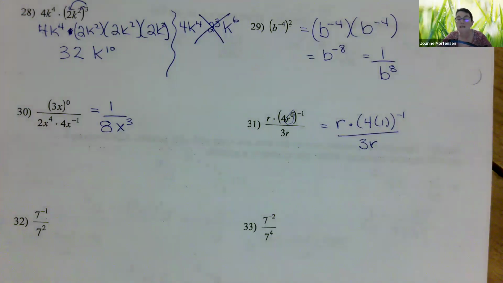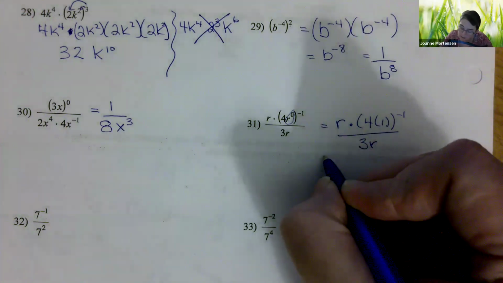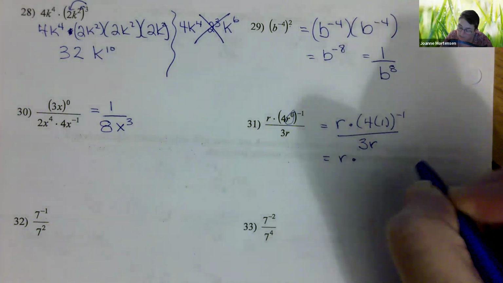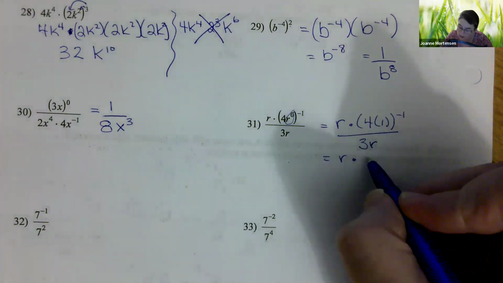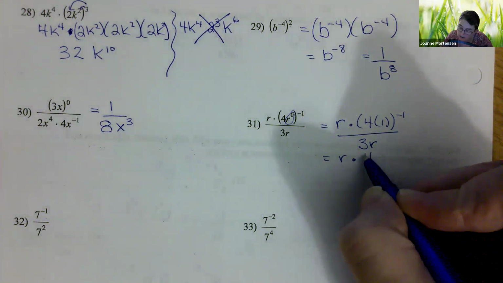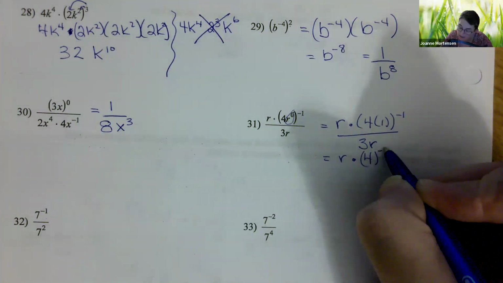I'm still not done with the stuff inside my brackets. That's going to give me r times, now 4 times 1 is just plain old 4. I'll put brackets around it. It doesn't matter too much.